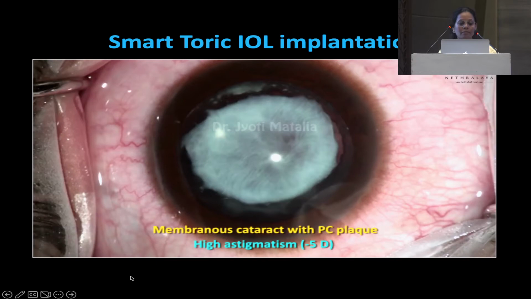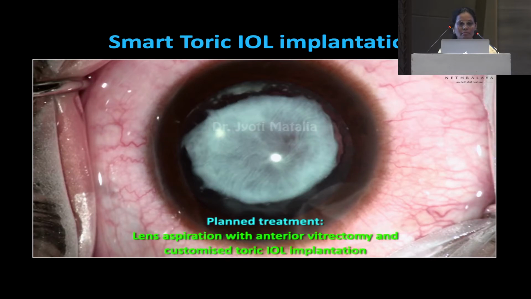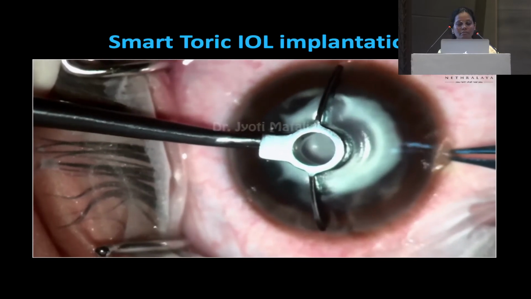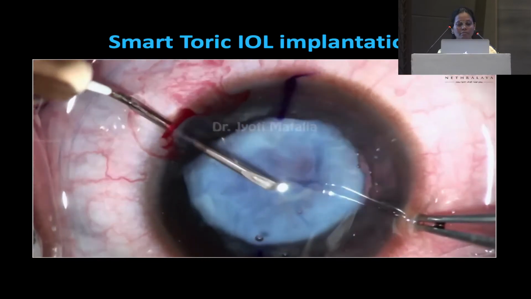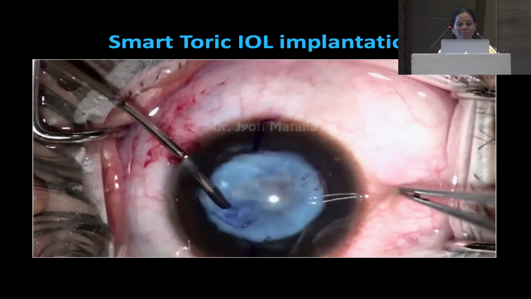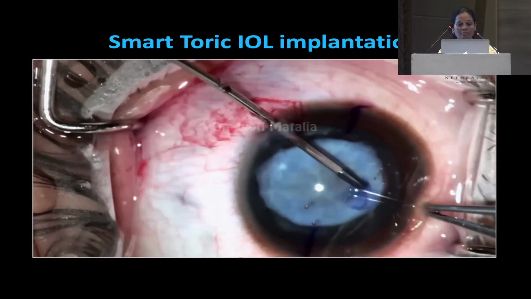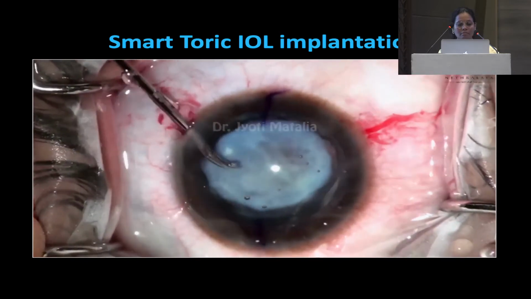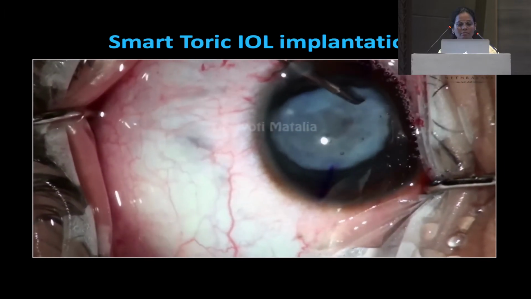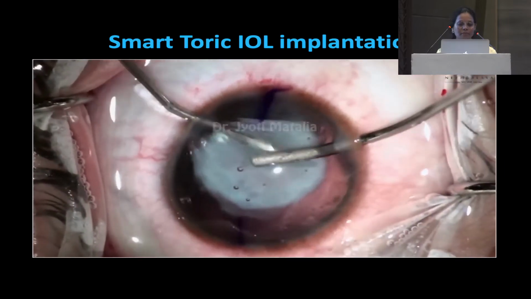Next case was a membranous absorbed cataract with a PC plaque and a high astigmatism of 5 diopters. A customized toric intraocular lens implantation was planned. Intraoperatively, 0 to 180 degrees horizontal marking was done. Due to the wrinkling of the anterior capsule, a careful capsulorhexis of adequate size was obtained using trypan blue and microrhexis forceps and scissors.